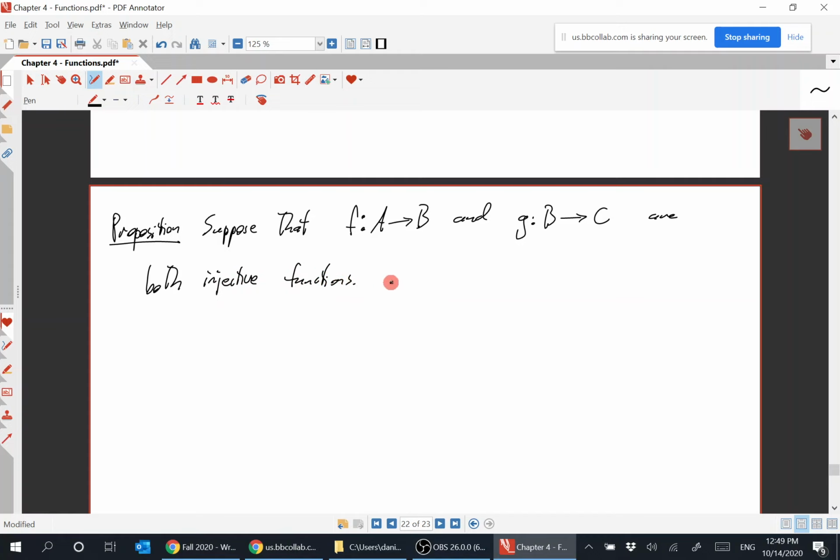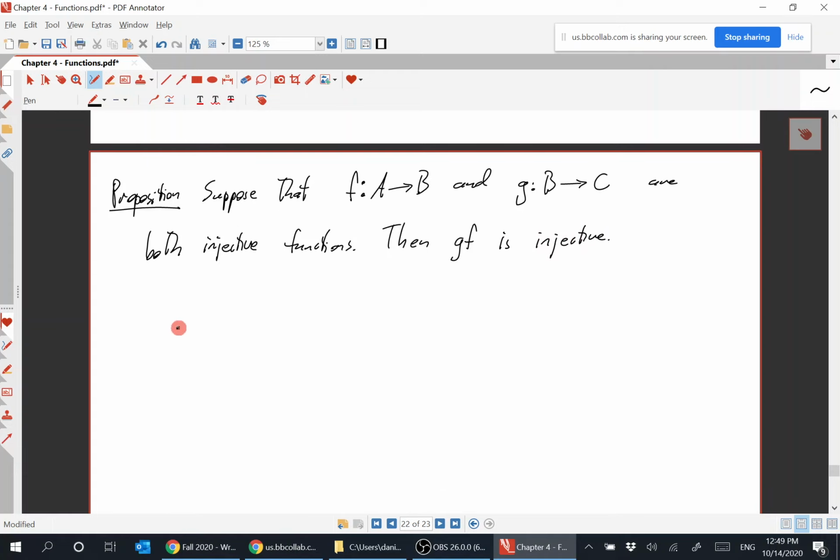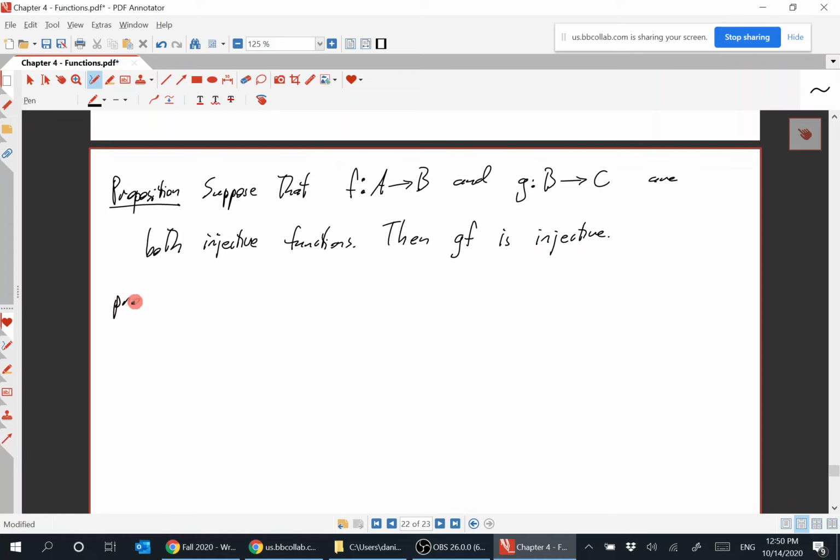Then the composition g following f is injective. Okay, let's give a proof of that.